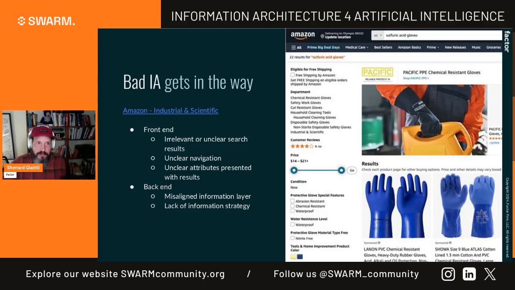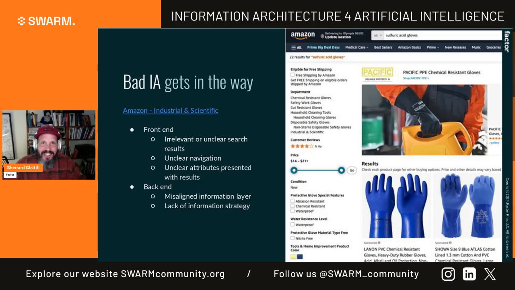When you do start to search below, the search results are basically random gloves. And what this says is not that Amazon doesn't care about the quality of its data, as much as Amazon is an extremely large business with multiple businesses that are oftentimes at cross purposes with each other.